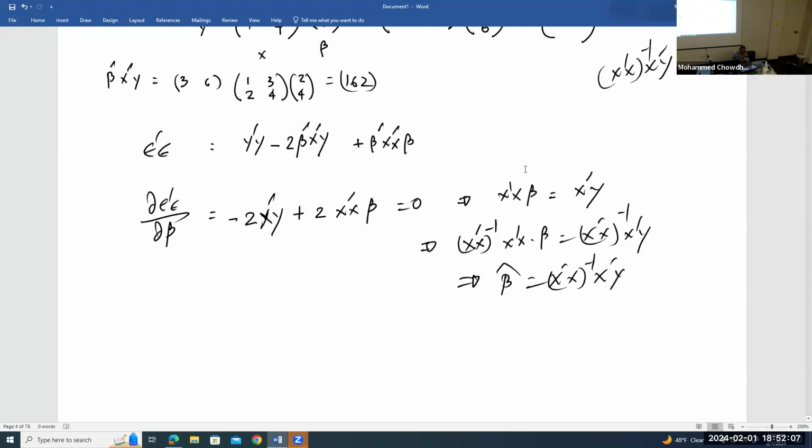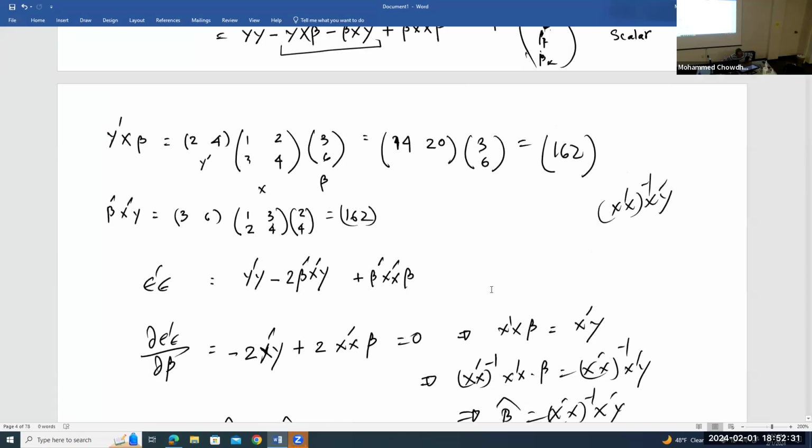Clear? So you have seen from the simple linear regression, beta 0 hat equal to y bar minus beta 1 hat x bar, and then beta 1 hat equal to, you have seen, the sum of xi yi minus n x bar y bar over the sum of xi square minus n x bar square.